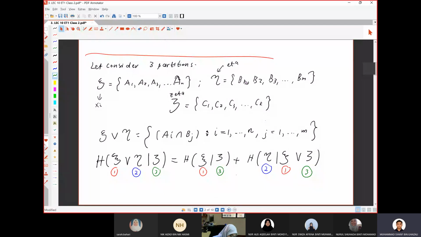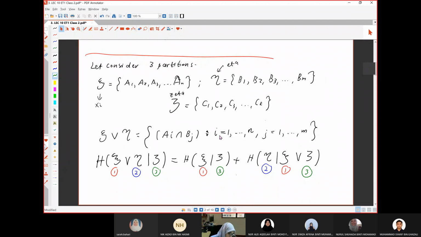Yes? Kenapa dia boleh pecah jadi macam tu? This one is the formula. It's the definition. Ni definition for joint. Untuk entropy for joint, joint is this, right? So join two partitions, so that means you have to find all possible intersections between the elements in both partitions.